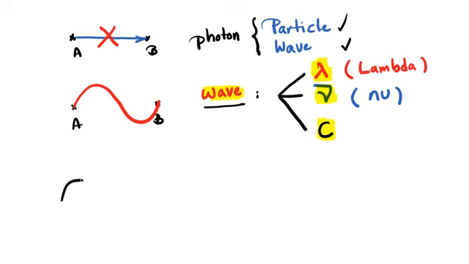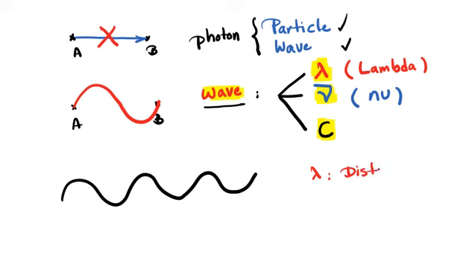If I draw a wave pattern like this, lambda is basically defined as the distance between two identical points. We are going to see what that means, the distance between two identical points.